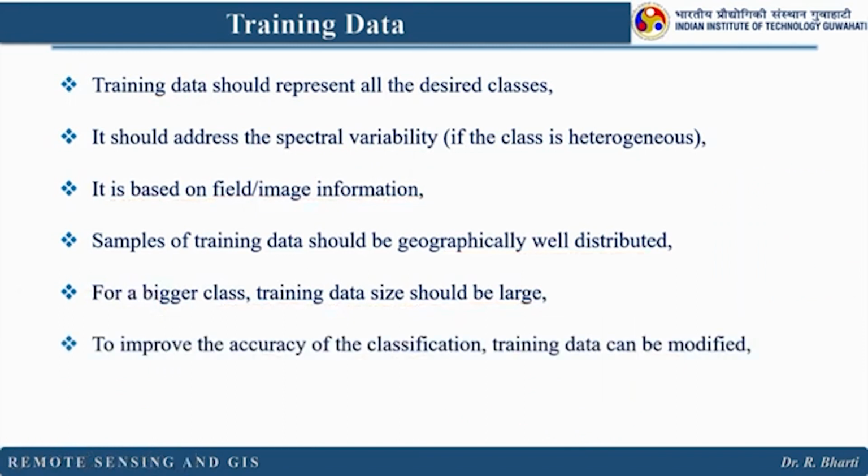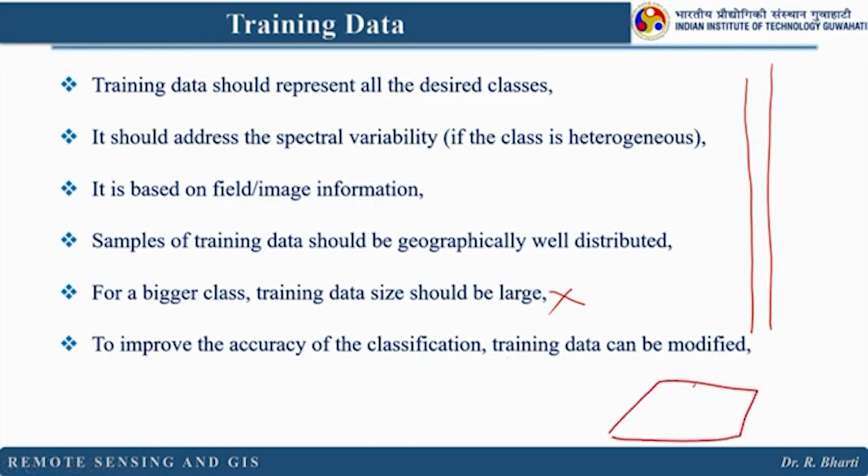To improve the accuracy of the classification, training data can be modified. Suppose you have followed everything, but you have not followed this one. So your classified image, which was supposed to be like this in 3 classes, is coming out like this. So there is something wrong with my training data. What do I have to do?